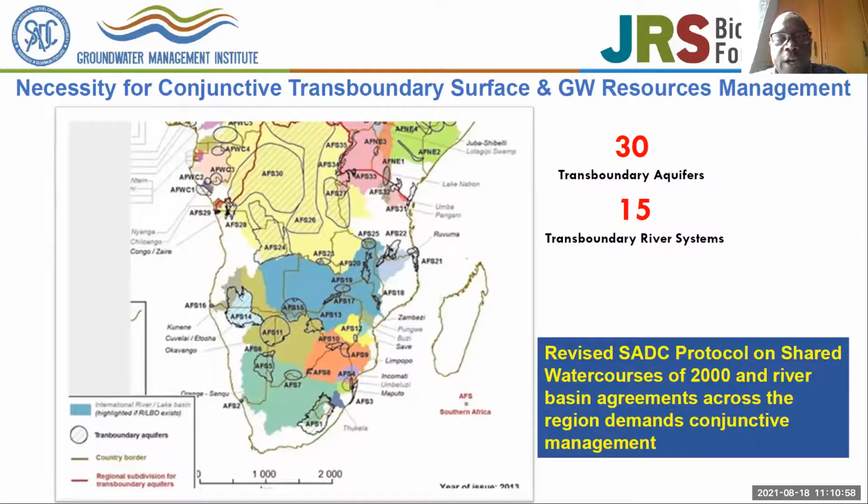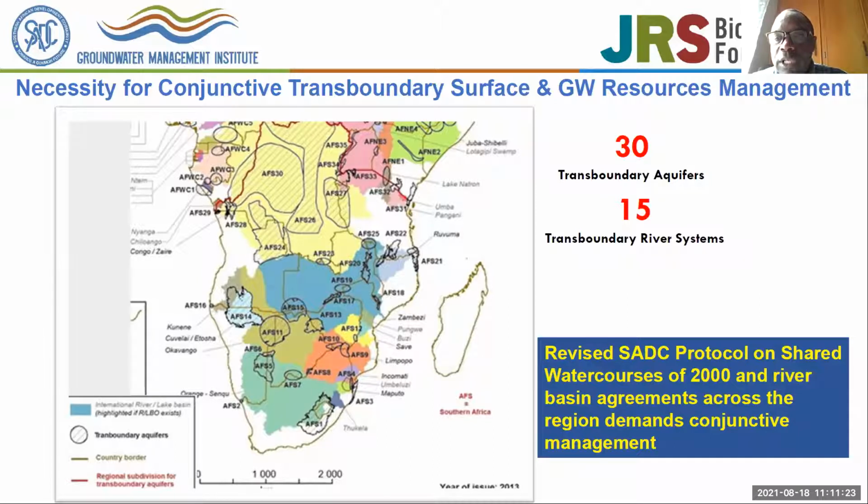We also have groundwater existing in similar or coinciding spatial areas with surface water. As you can see in the region, we've got 15 transboundary river systems that are highlighted in different colors. And then we also have about 30 transboundary aquifers as indicated by the AF labels on the map.